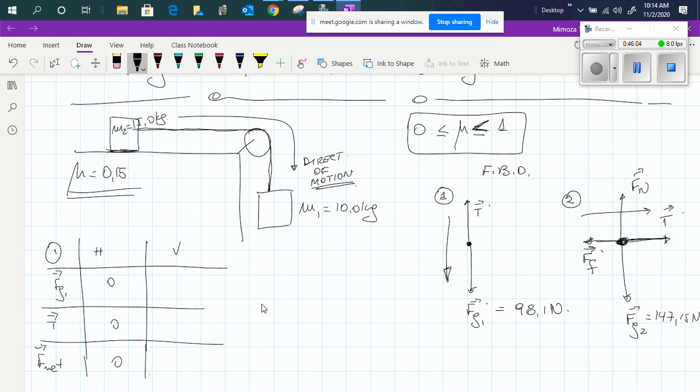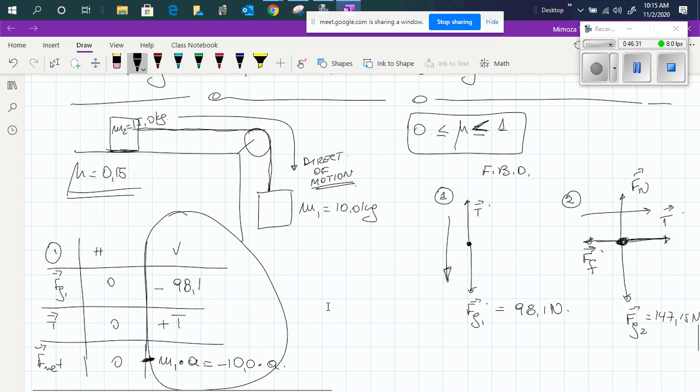On the vertical, what we have is negative 98.1, positive tension, and the net is negative, mass 1 times acceleration. So it will be negative 10 times acceleration. From this, we have the first equation.